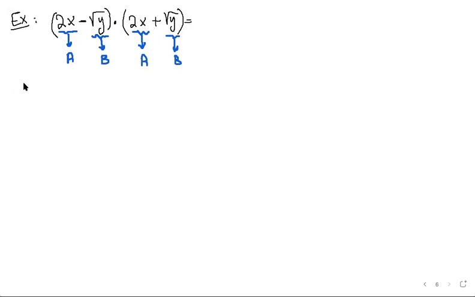So this looks exactly like the formula that says A minus B times A plus B, and they said A squared minus B squared.